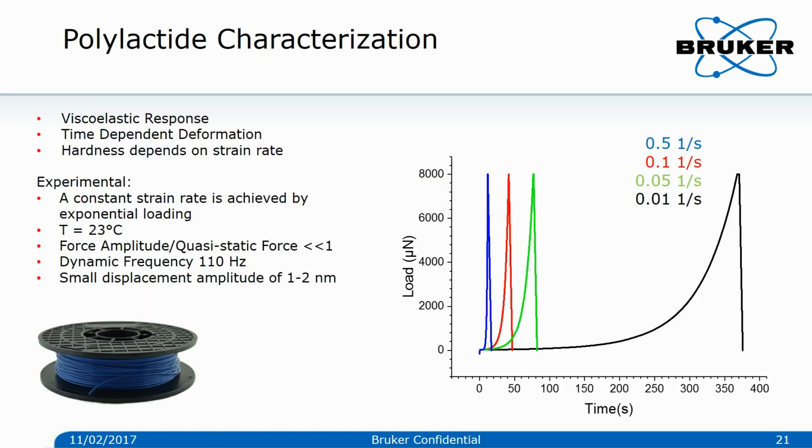The 3D printed material is a polylactide. A constant strain rate is achieved by an exponential loading during the experiment. We are superimposing a dynamic frequency of 110 Hz, achieving a small displacement amplitude of 1 to 2 nanometers. Different strain rates are achieved by the load function shown on the right-hand side.